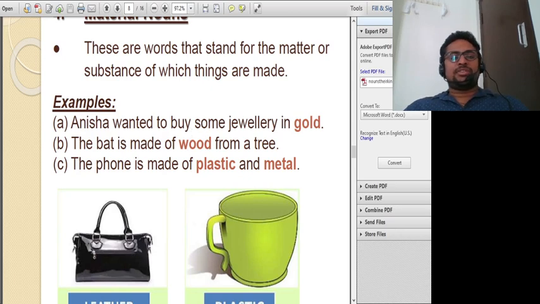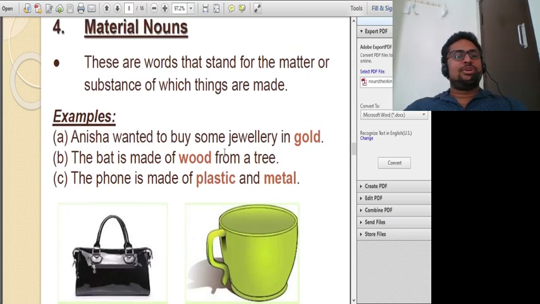These are the words that stand for the matter or substance of which things are made. These are all called material nouns. We use material nouns to represent what things are made of. For example, Anisha wanted to buy some jewelry in gold.